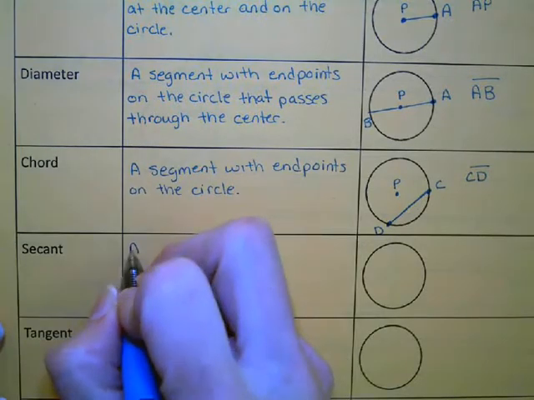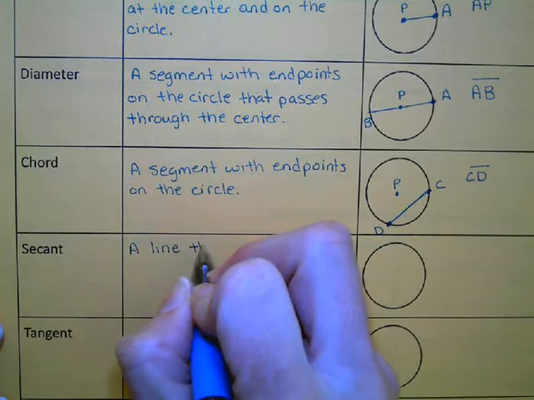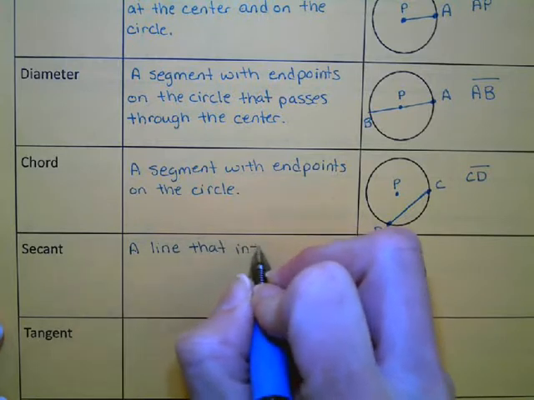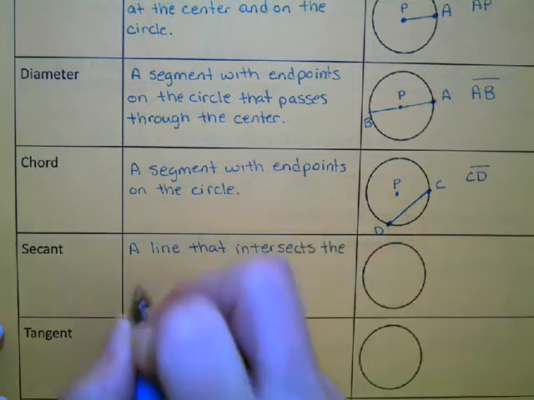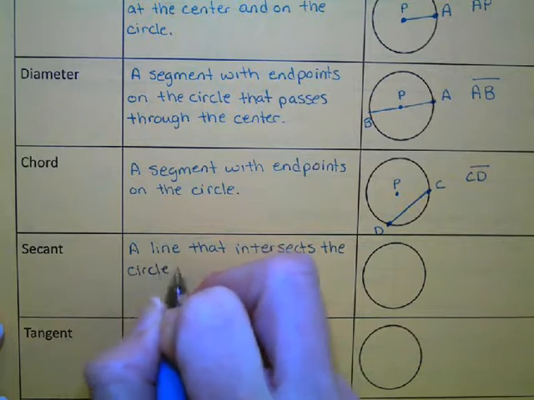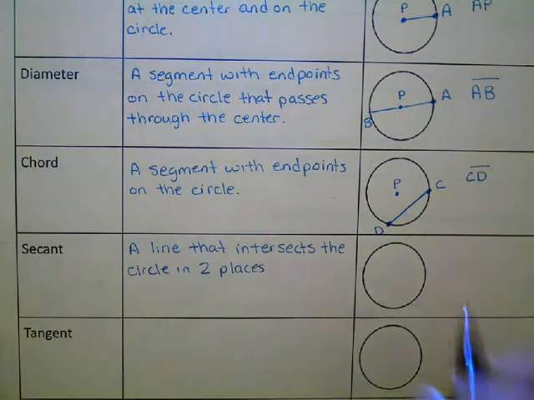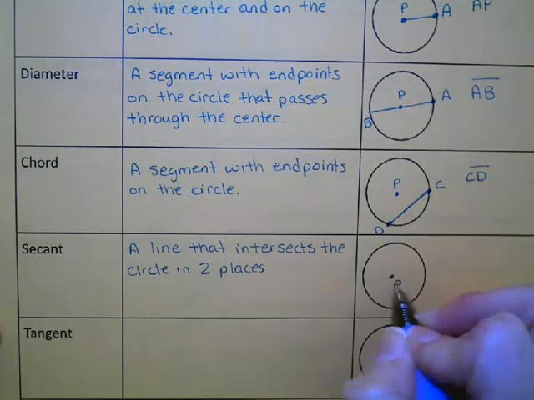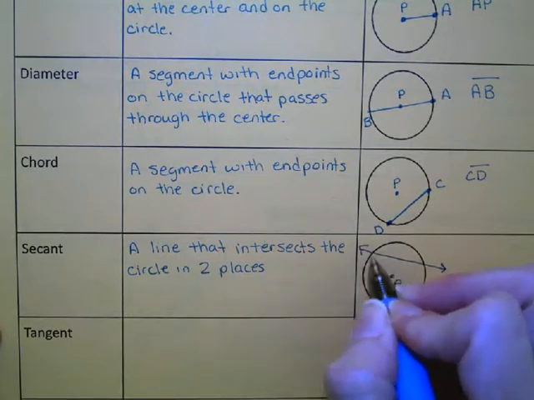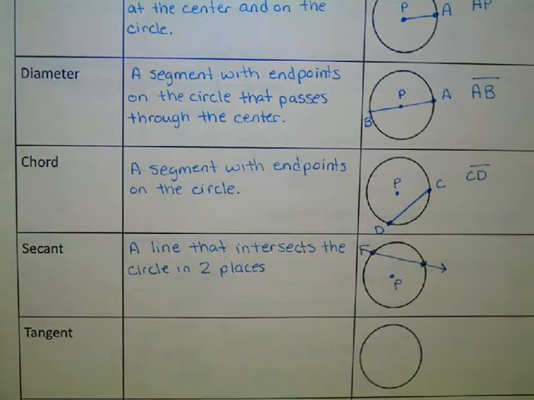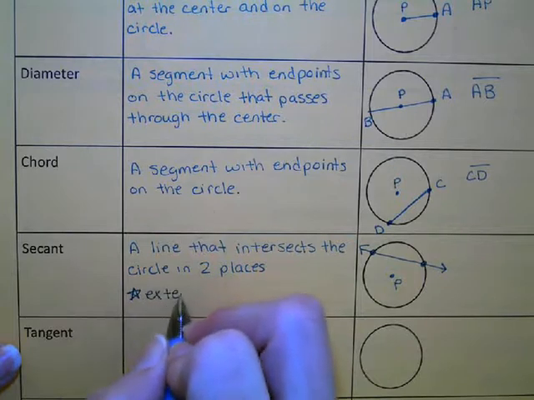So I'll say a line needs to go through the circle, we'll still call this circle P. It goes through the circle, and it has to intersect the circle in two places. So the main thing, it has to extend outside the circle.